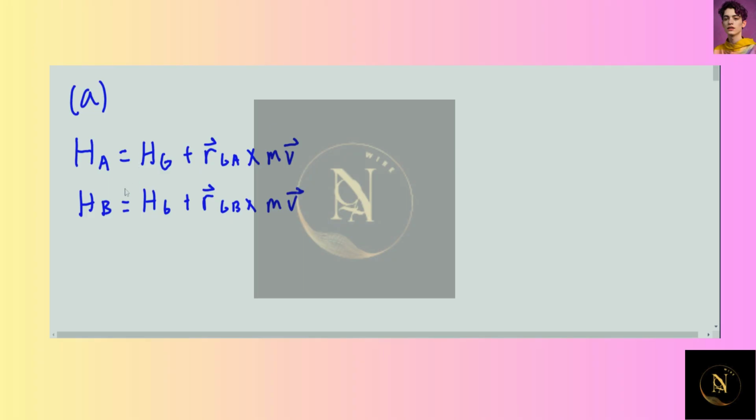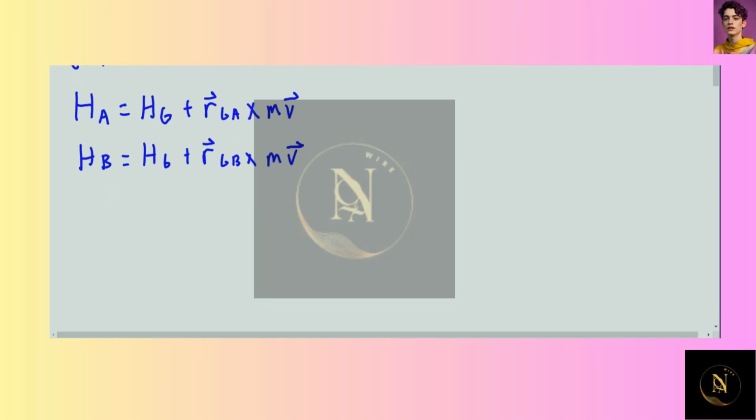So what we're going to do now is take h of B and subtract h of A from it. So we're going to have h of B minus h of A, and we can write that as R of GB cross MV minus R of GA cross MV.